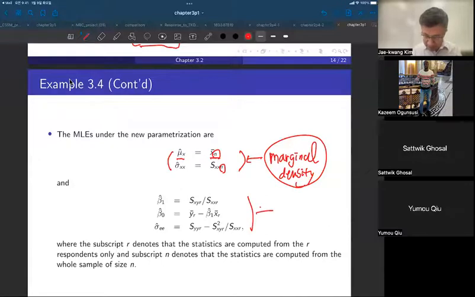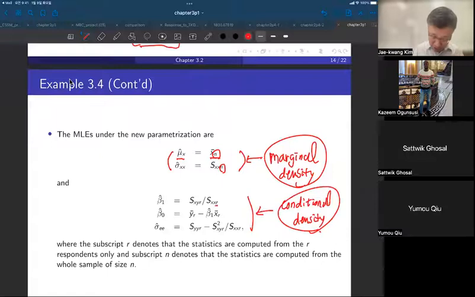And this one is the conditional density, so you have R in the subscript. The subscript R denotes that the statistics are computed from the R respondents only, and subscript N denotes that the statistics are computed from the whole sample of size N. Okay.